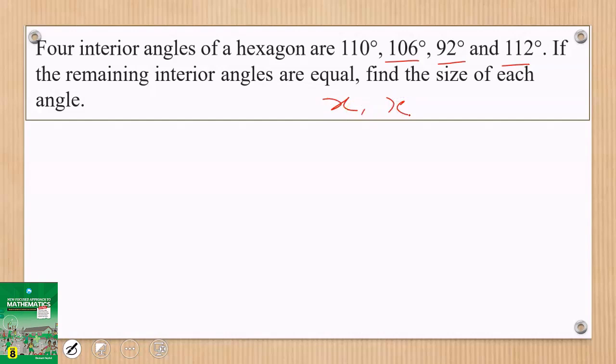And we know that this is a hexagon, and the sum of the interior angles of a hexagon will be 6 minus 2 times 180.